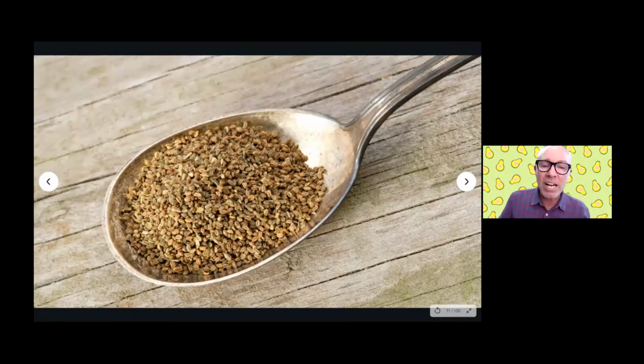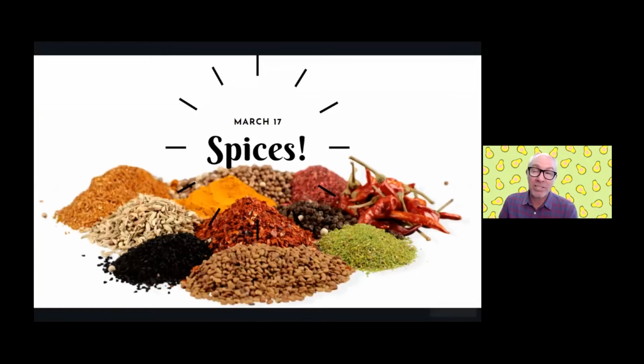And with celery, if that process is allowed to go through fruition, we people can then harvest the seeds and use the seeds for our own benefit or pleasure or both. And celery seed is one of a myriad of spices that people have derived and taken advantage of. And spices very often represent plant defensive chemicals.